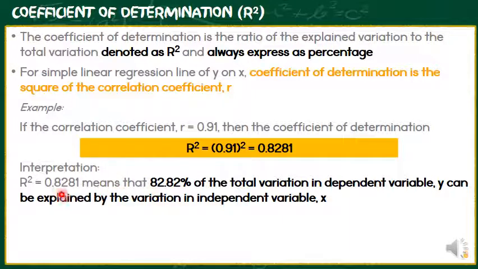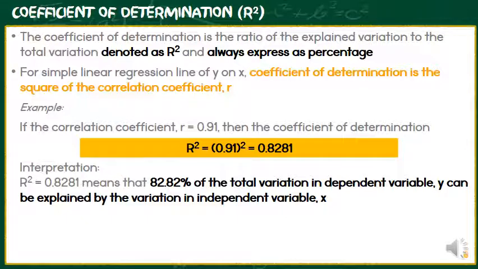So, since R squared = 0.8281, means that 82.81% of the total variation in your dependent variable Y can be explained by the variation in X. So that's all for regression.